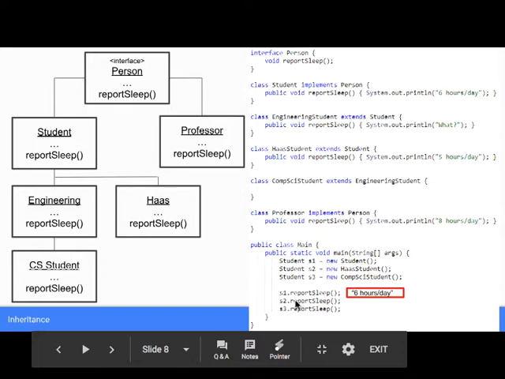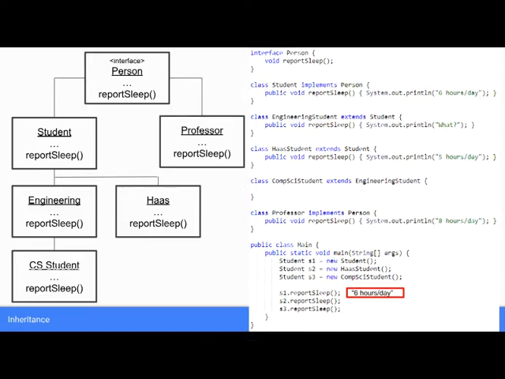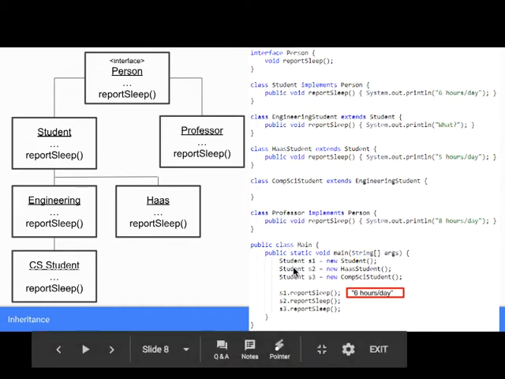In s2, when we do s2.reportSleep, we're going to first check to see if this line even compiles. What is the static class of s2? Student. Does the Student class contain a method called reportSleep? Yes, it does. Therefore, we are okay with compiling. Next, at runtime, we check to see if we can use dynamic method lookup. So right now, s2's static type is Student, and its dynamic type is HostStudent.